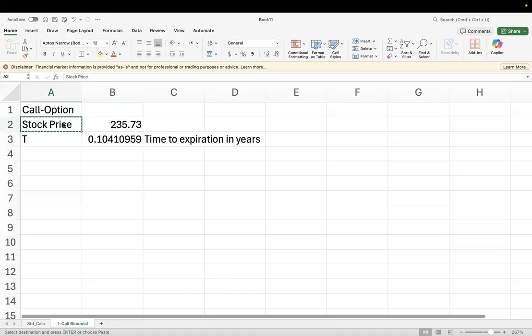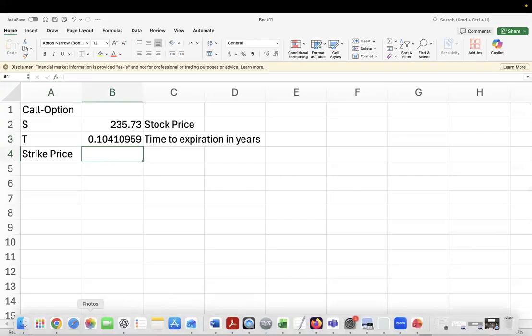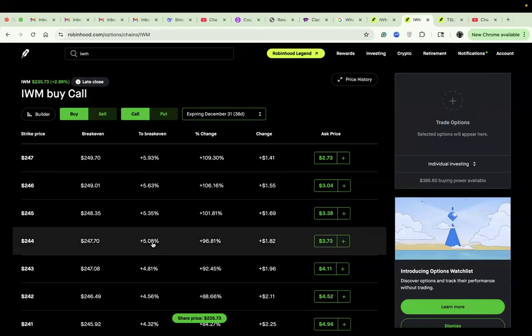Let me just have this also here, and then here I just use S. What else? Strike price. What strike price do I want to do? I can do whatever I want.